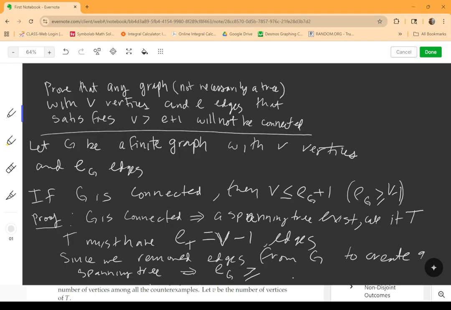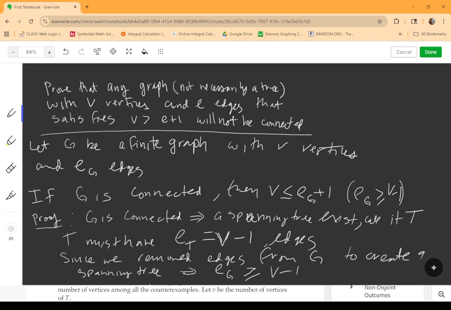It has to be greater than or equal to V minus 1. If we didn't need to remove any to have a spanning tree, if it was already a tree, then we have equality. But if we did have to remove them, then there'd be more edges in G. And that proves our contrapositive, which means that proves our initial statement, because that would always be true.